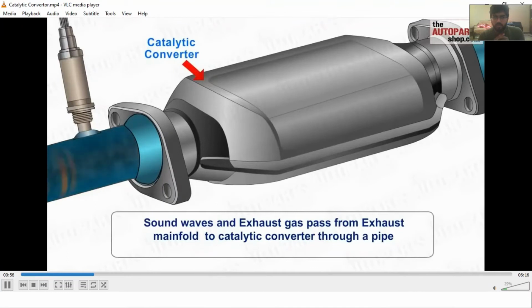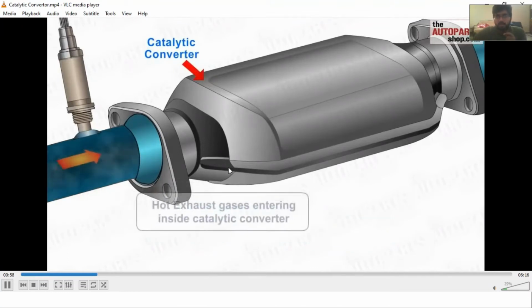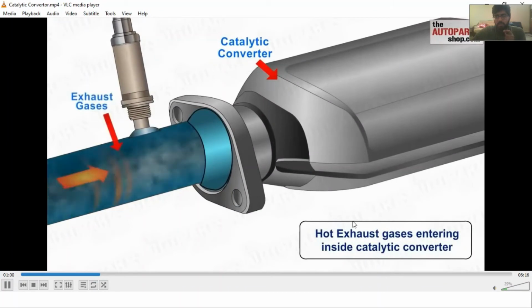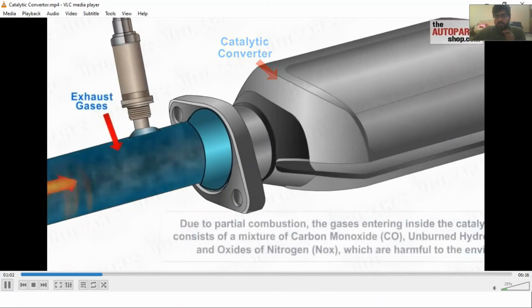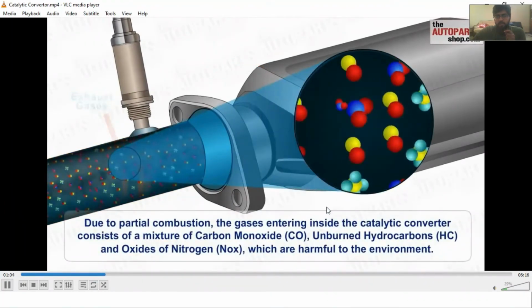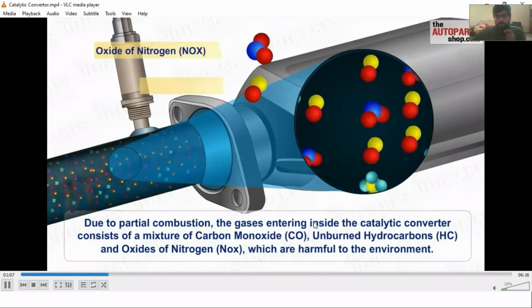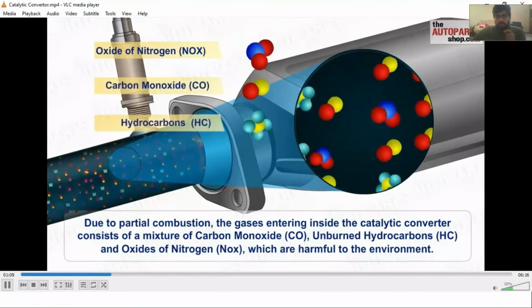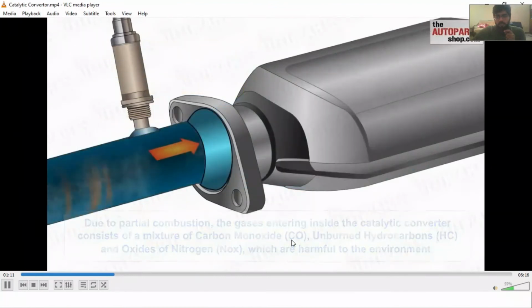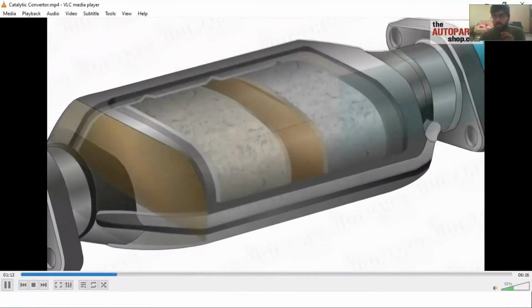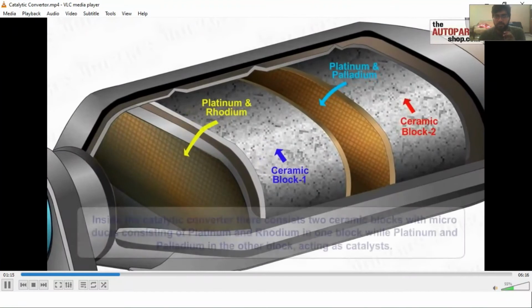through the pipe, and hot gases are entering inside this catalytic converter. You can see here it consists of a mixture of carbon monoxide and unburned hydrocarbons and some nitrogen oxides as well.